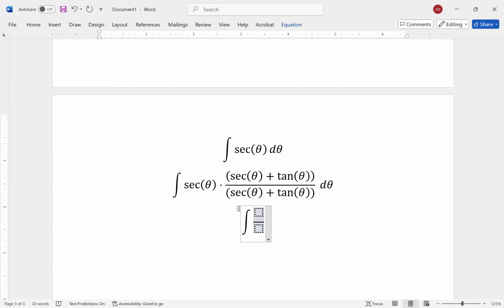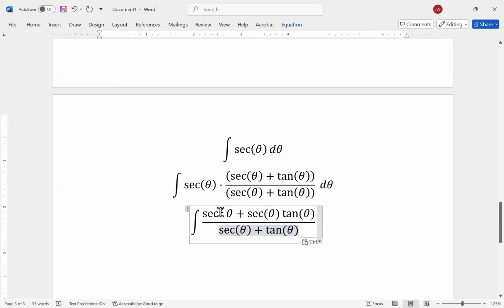In the numerator, we're going to get secant squared of theta plus secant times tangent, and then in the denominator, we get, again, secant of theta plus tangent of theta, d theta.